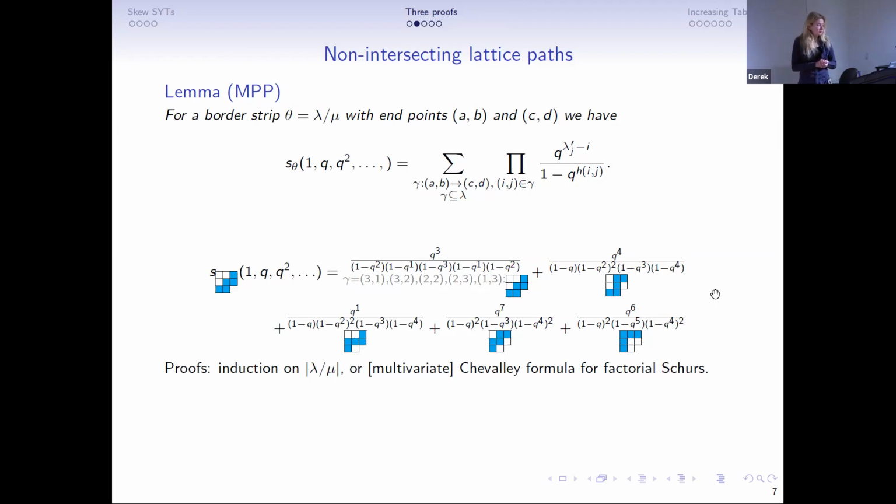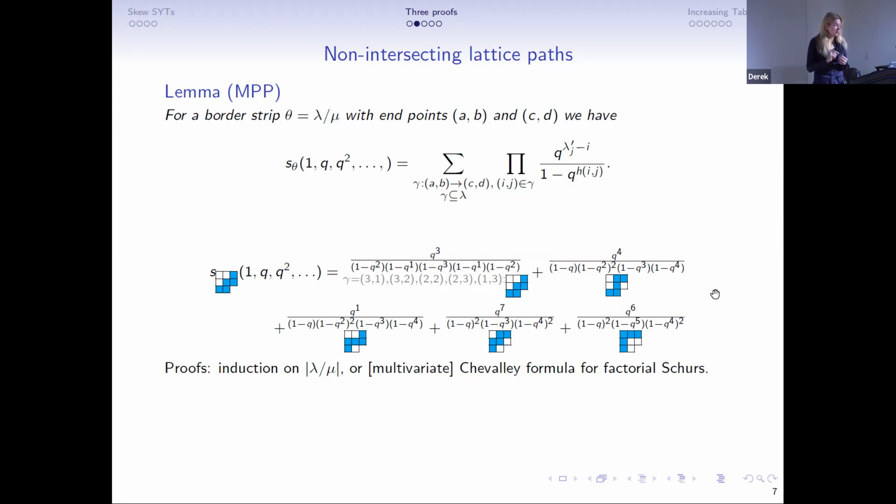And a border strip Schur function can be expressed as a sum over all possible lattice paths between the endpoints of the border strip which lie inside lambda. So all border strips here, which are themselves skew shapes, and for each one of them, the weight is given by 1 over 1 minus q to the hook length of the particular box.